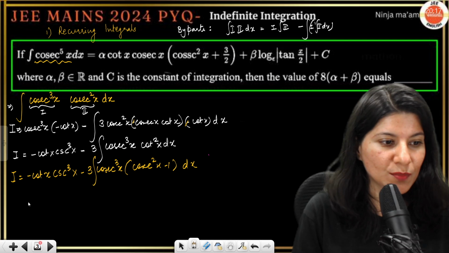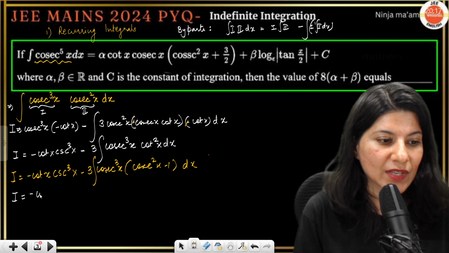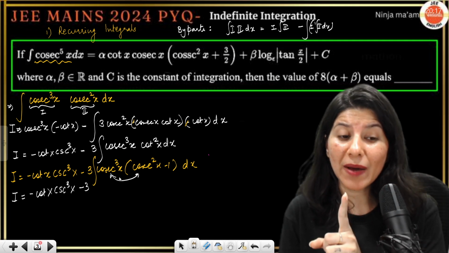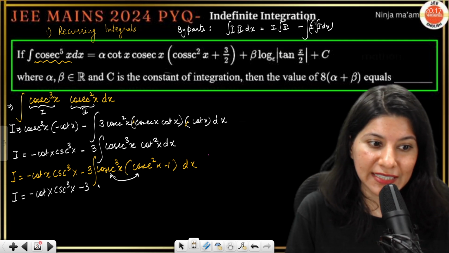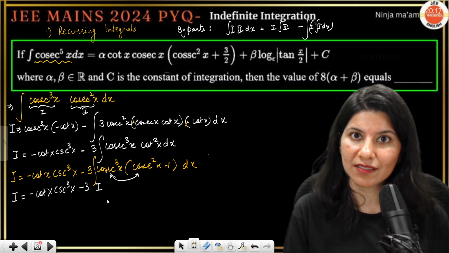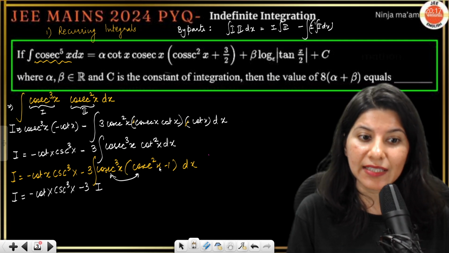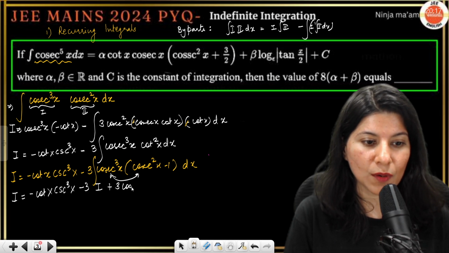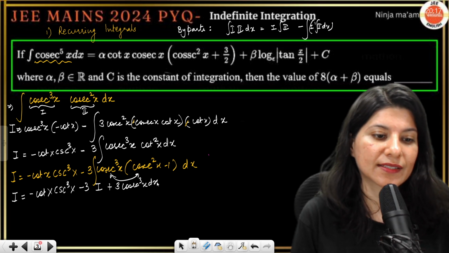Clearly, the moment you multiply, minus 3 is already there. Now, if I multiply these two, I get cosec power 5x. So integral of cosec power 5x is directly substituted as I. The second term which you are getting, minus minus plus 3 cosec cube x dx.